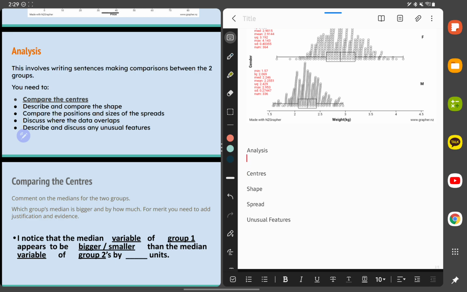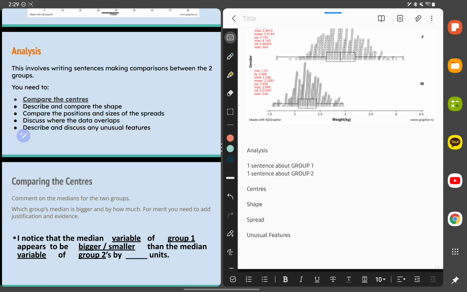Now, just a note, in analysis, almost every time, when we're doing center, it's the same thing. When we're doing shape, spread, unusual features, it's the same thing. We normally have one sentence or one statement about group 1, whichever group that is. In our case, it's the female kiwi birds and male kiwi birds. For yours, it will be whatever group you are looking at and then comparing.